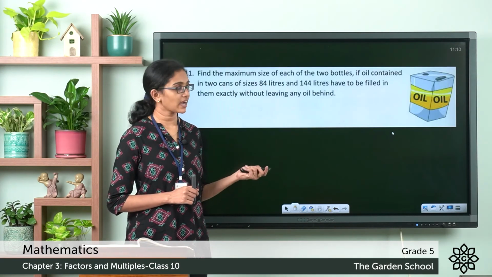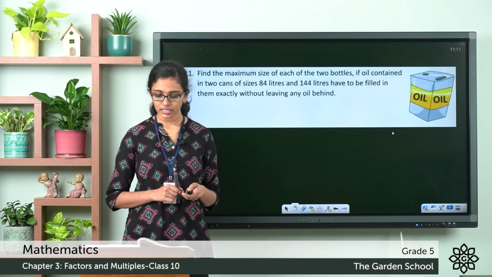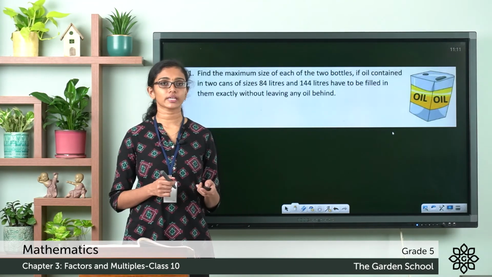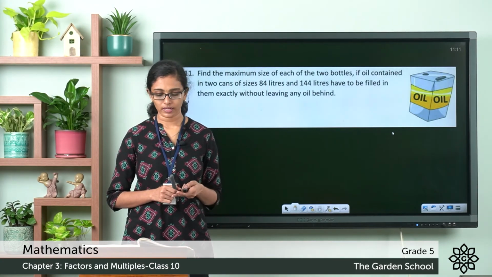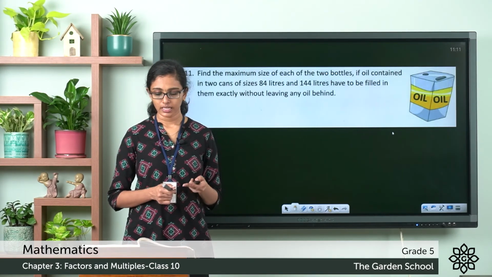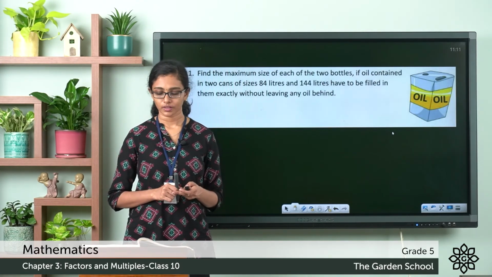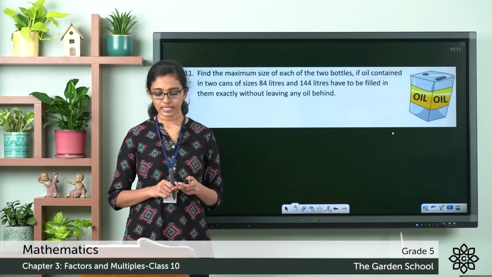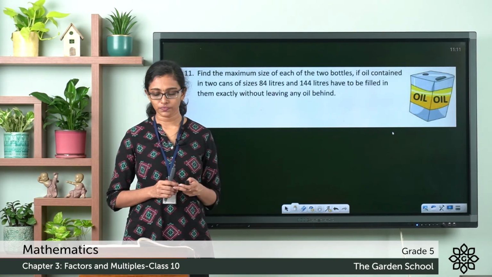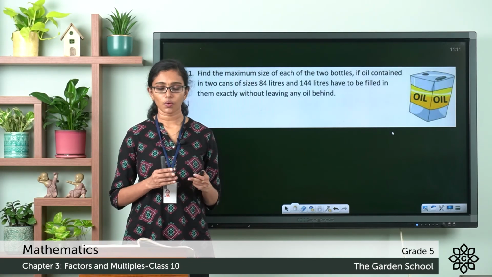11. It says find the maximum size of each of the two bottles if oil contained in 2 cans of sizes 84 liters and 144 liters have to be filled in them exactly without leaving any oil behind. So, read the question carefully, and it says find the maximum size of each of the 2 bottles which can contain the quantity of oil.